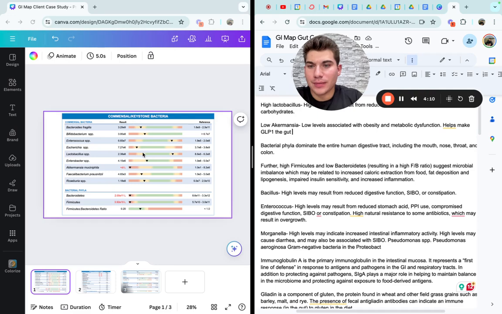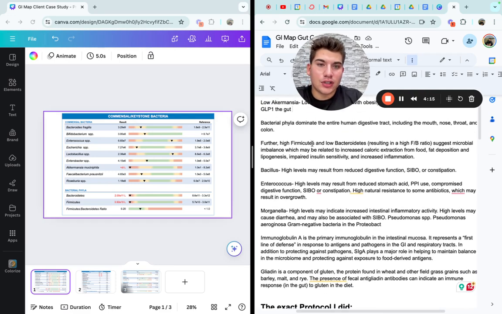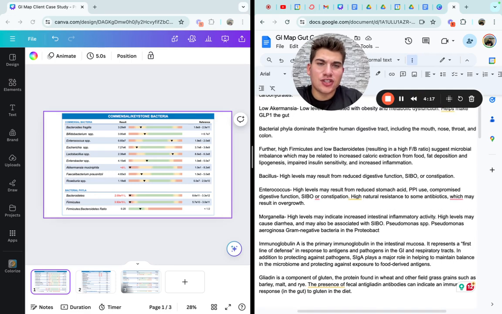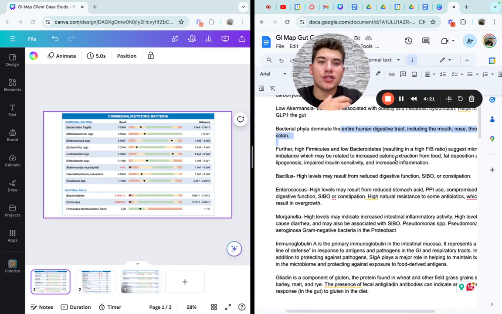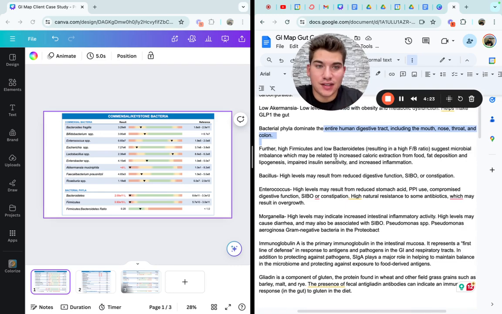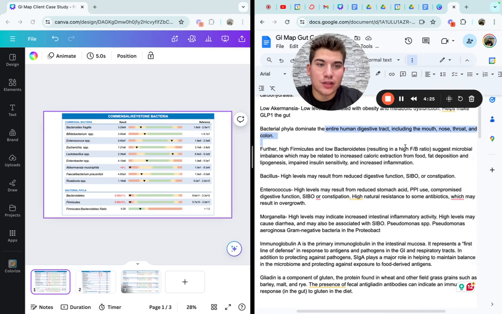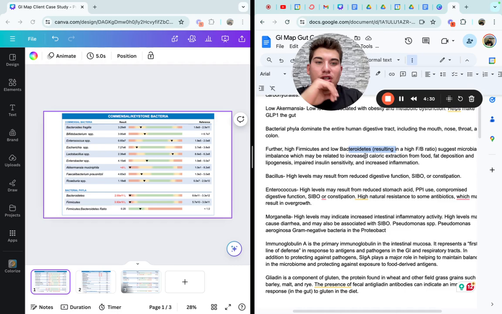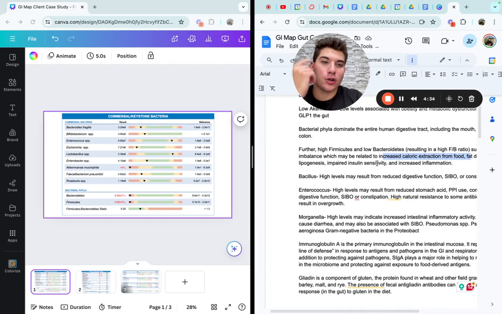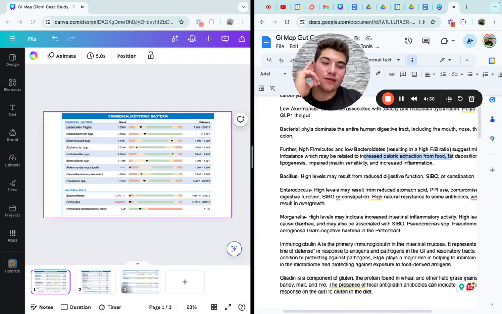So we have some imbalances here, and then bacteroides here, which is pretty much the digestive bacteria inside the mouth, nose, throat, and colon, so large intestine. What I have here is that when there's an imbalance of those bacteria, it can come from caloric extraction from food, or impaired insulin sensitivity, or increased inflammation.